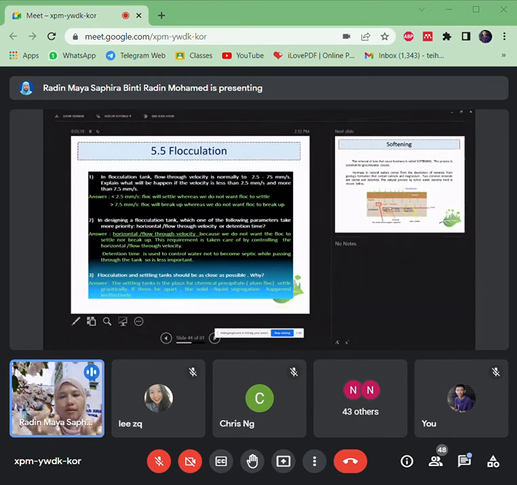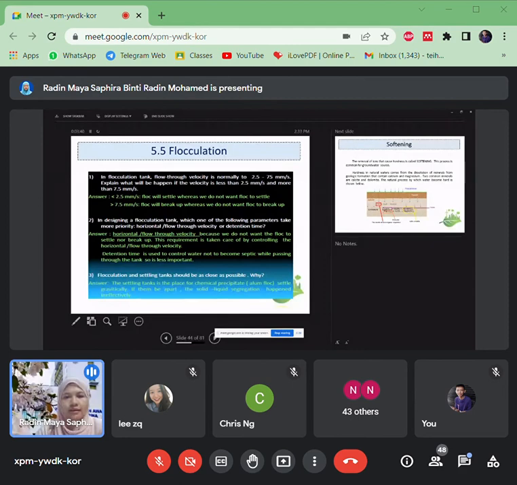Dia akan tear apart. So we don't want this one to break up. So within 12.5 to 77.5 is the range where the flow-through velocity is very good for this absorption process.